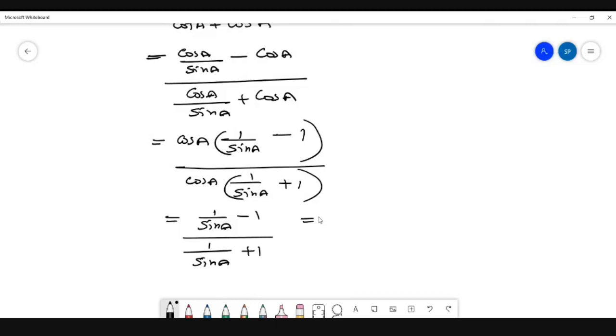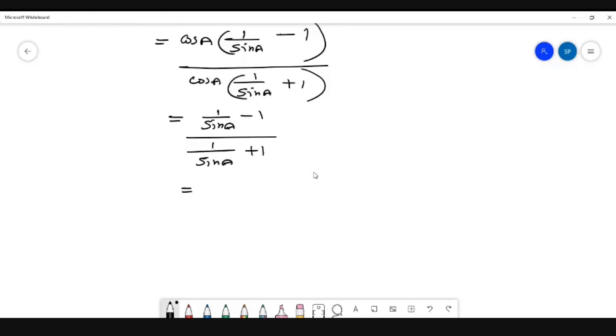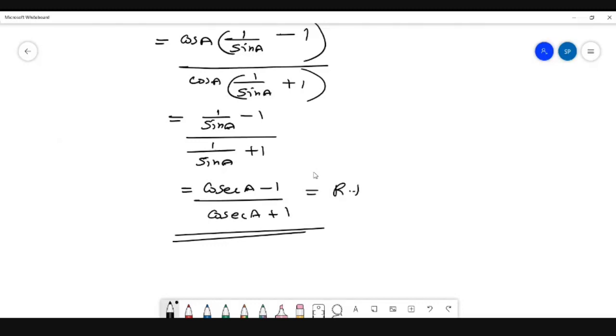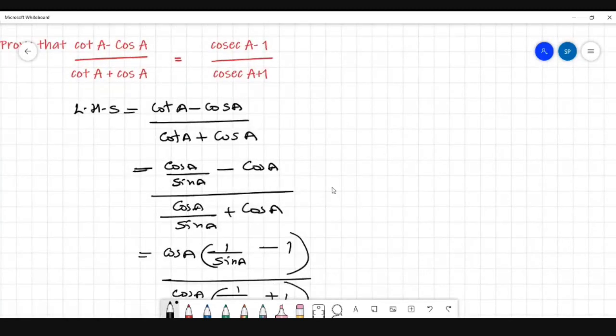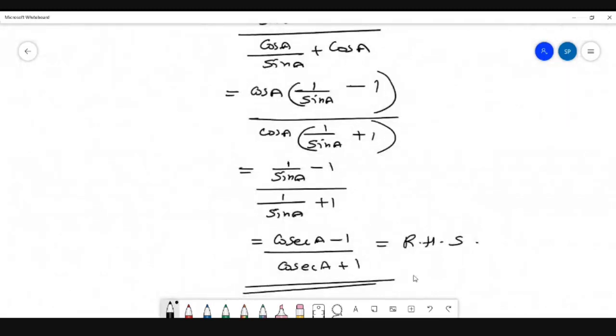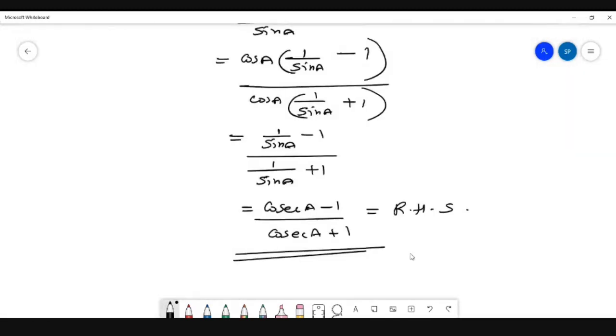That is, 1 by sin A is cosec A, minus 1, again 1 by sin A is cosec A, plus 1. So that is equal to the right hand side of the expression, cosec A minus 1 by cosec A plus 1. So we can write here left hand side equal to right hand side.